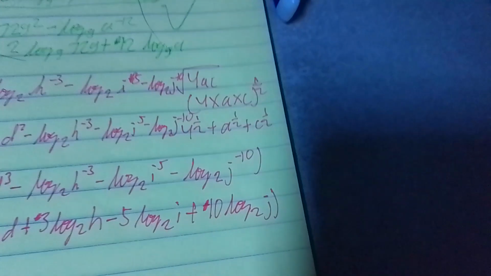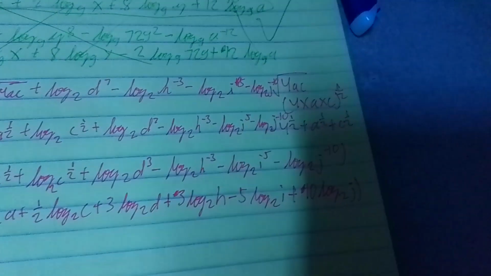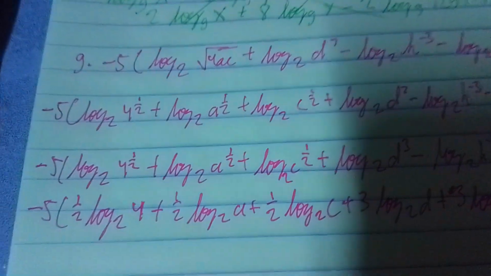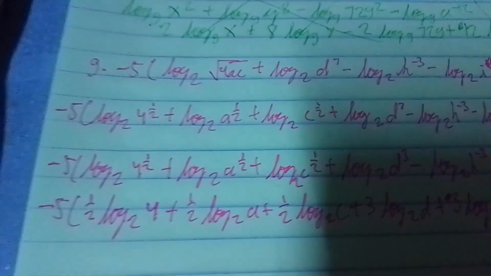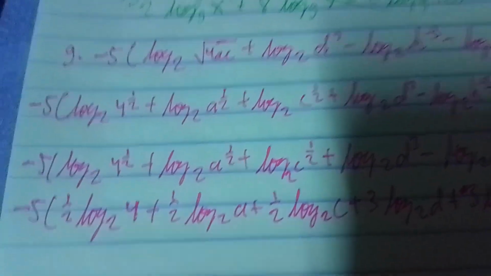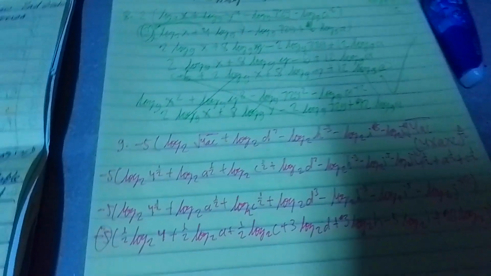Pero that becomes positive na lang. Remember, because there are two negatives, that automatically becomes positive. And then minus log base 2 of I raised to the 5th power. The 5 slides down. So therefore, it's going to be minus 5 times the log base 2 of I. And then -10, slide it down. That'll become minus -10 times the log base 2 of j. Pero this one becomes positive. And are we done?